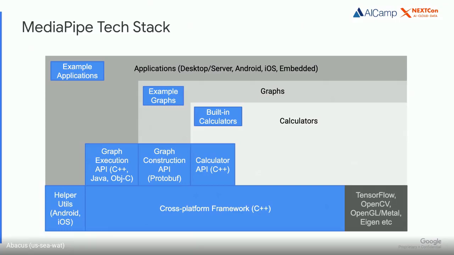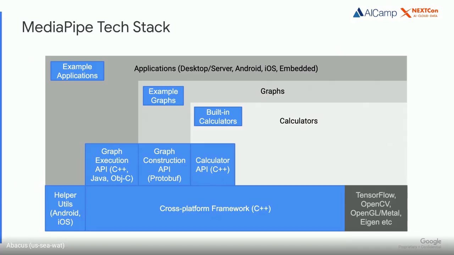The next level of interaction you can have with MediaPipe would be the graph construction API. That means that you are specifying a graph or maybe modifying an existing graph. The most popular version of that API is a protobuf textual description. Protobuf is actually a binary format for writing configurations, but it has a textual representation too.